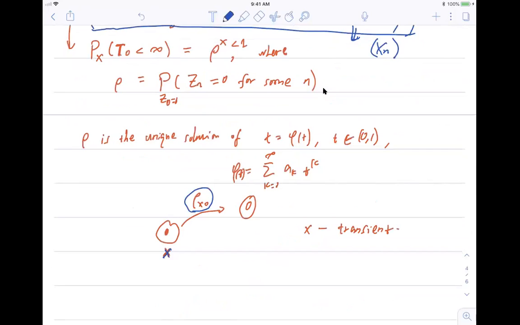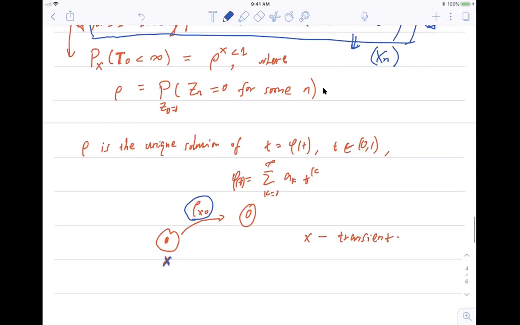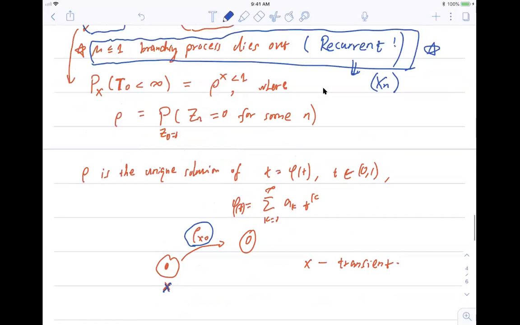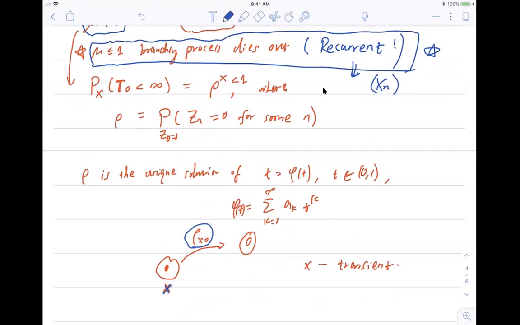So then Xn is transient as well. Of course, the branching process is transient. But now we are considering Xn, which is not really the branching process, so it's a little bit different.